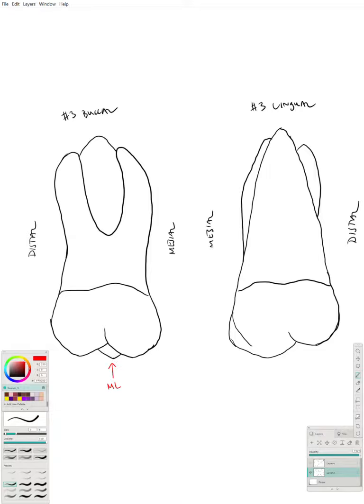And then if we could see behind our distal buccal cusp, which is this one, then we might see kind of behind here another cusp kind of like that, if we could see it.